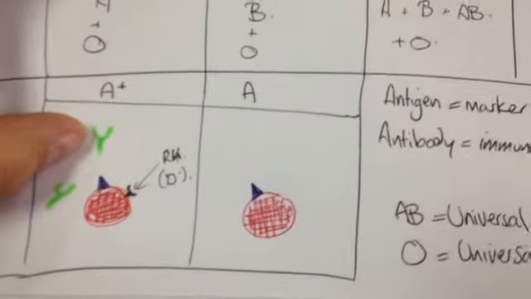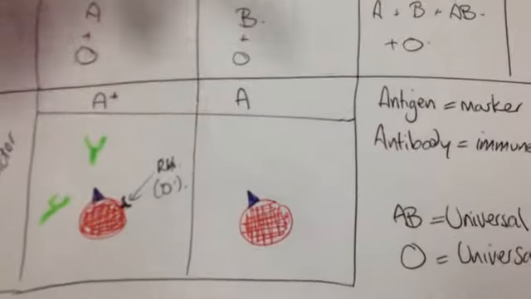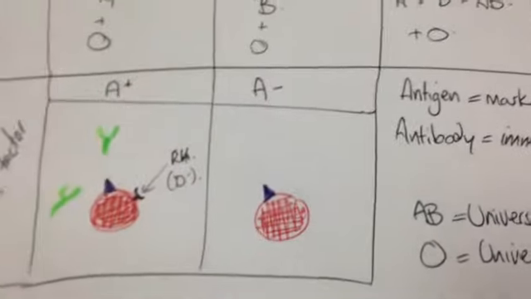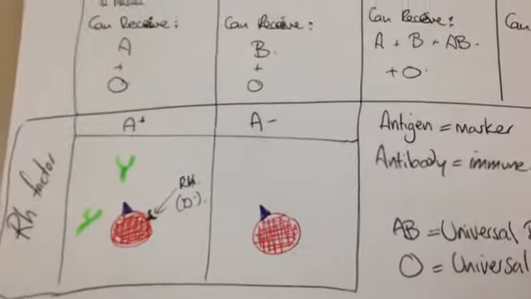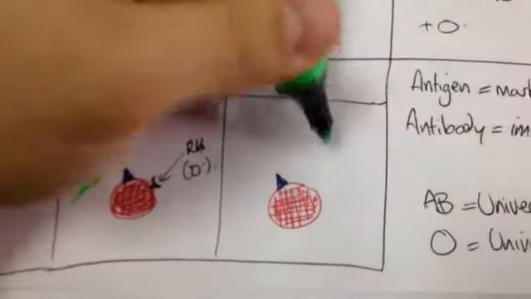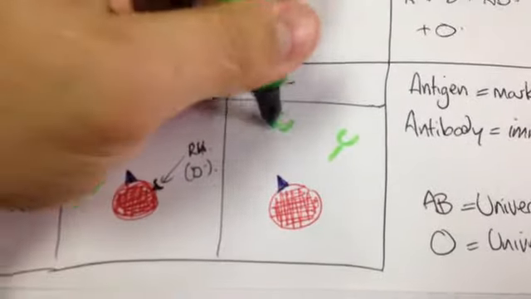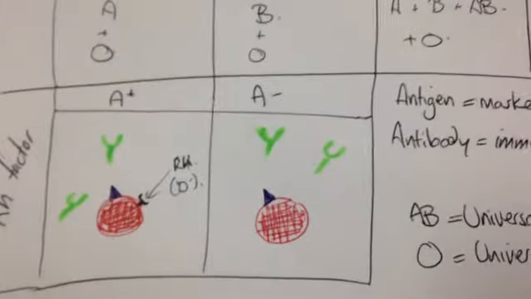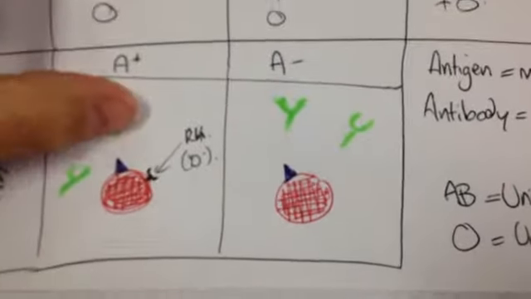So let's talk about A. So this is somebody with A blood, otherwise known as A negative. So he doesn't have the Rh antigen or the D antigen. So he's just A. As we know, he's got B antibodies to fight against B in case we give him B blood, which we're not.